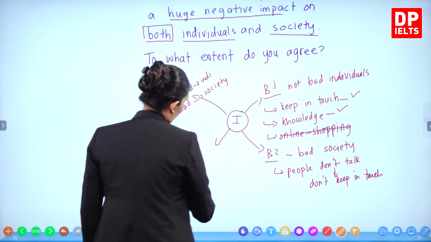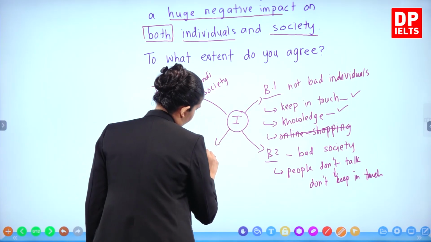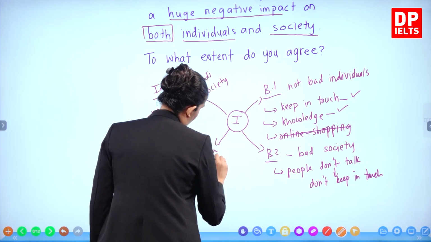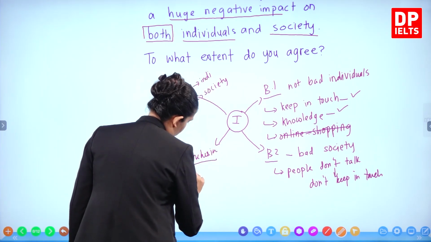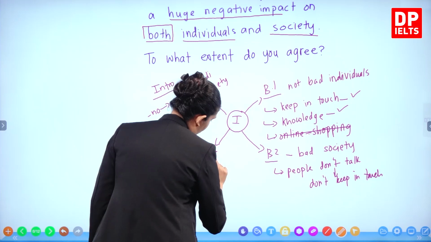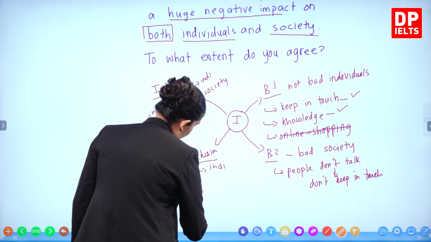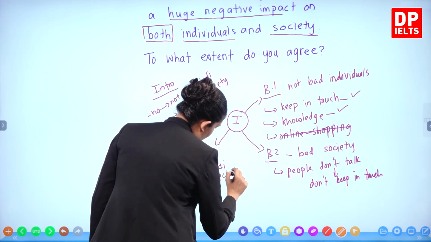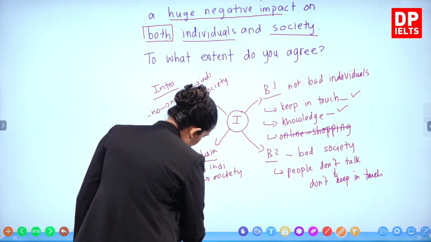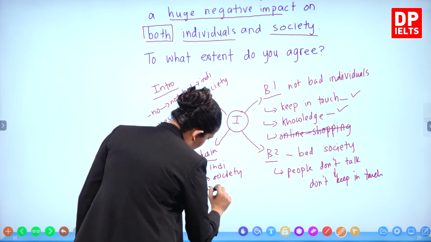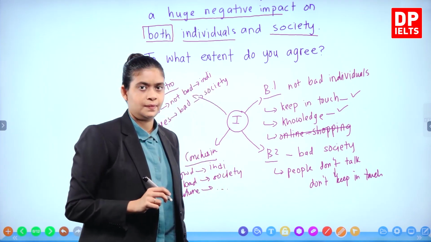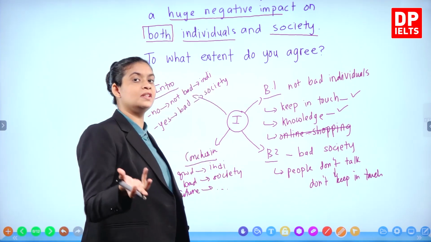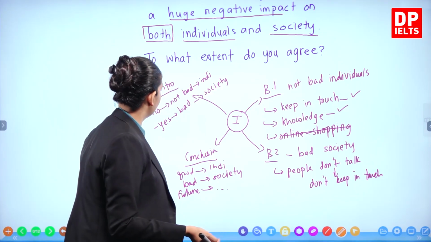So, in conclusion, I think it's good for individuals and I think it's bad for society, and in future I think we should pay attention to these views, okay, so that people keep in touch with each other, okay.